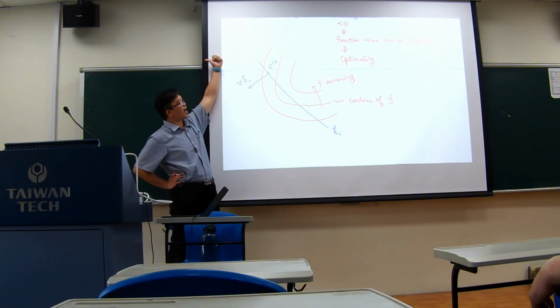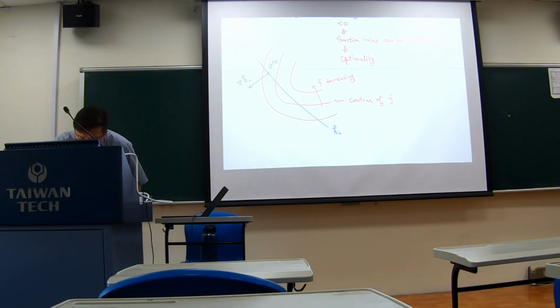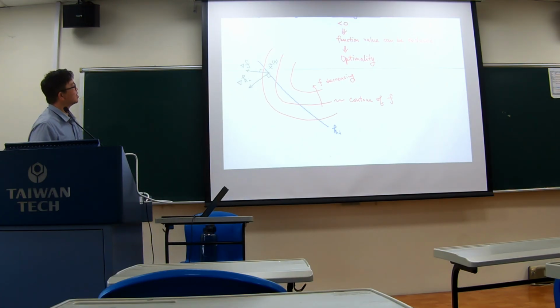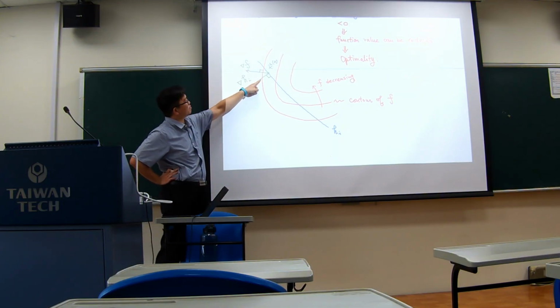So going outward is the direction of your gradient. So the gradient of f will be somewhere there. This one is perpendicular, and here is perpendicular. This gradient f is perpendicular to the red curve, the contour of f.